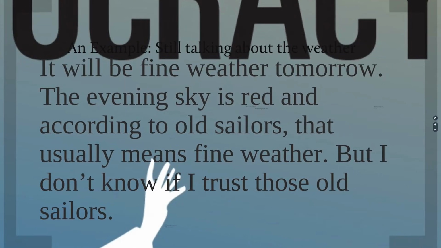Remember, I said, it'll be fine weather tomorrow, the evening sky is red, and according to old sailors, that usually means fine weather. But I don't know if we can trust those old sailors. Now that part about the old sailors, that's an important part of working in through the warrant. The old sailors serve as support. It's not support for the claim. It's not like I have a bunch of old sailors saying, actually, it's going to be good weather tomorrow.